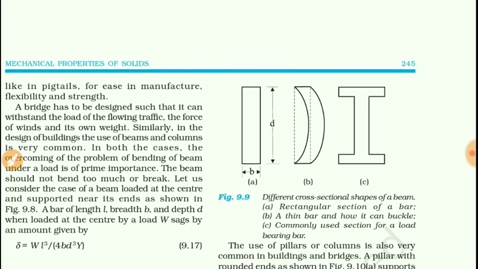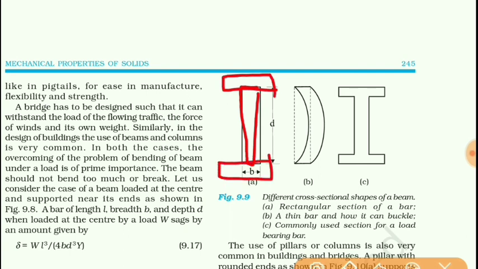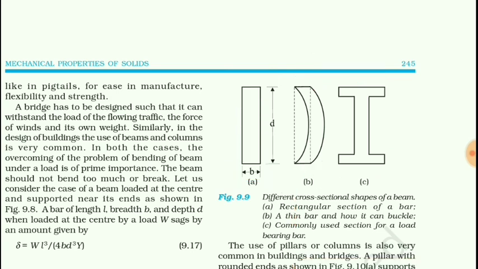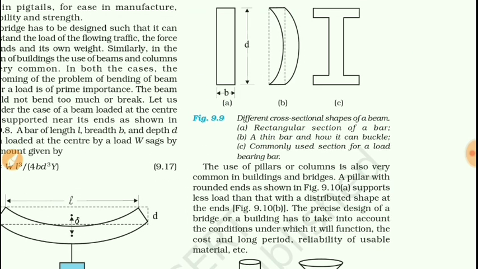So to reduce the buckling effect, what is done? Here this shape is kept in the form of I. You can see here. So if this type of shape is kept, then this buckling effect will not take place. You might have observed the railway tracks.